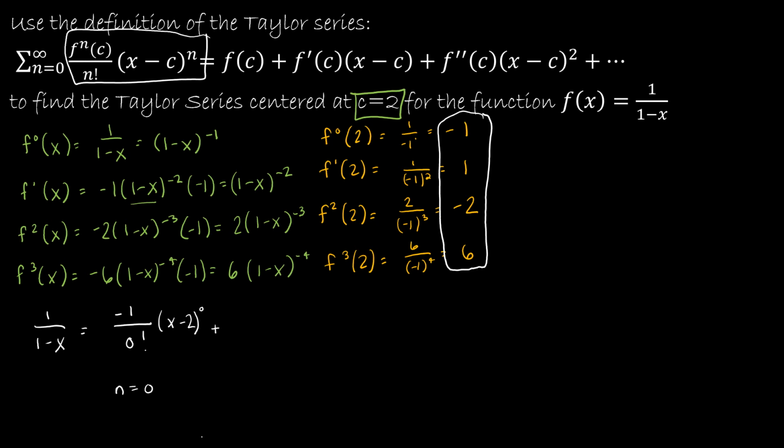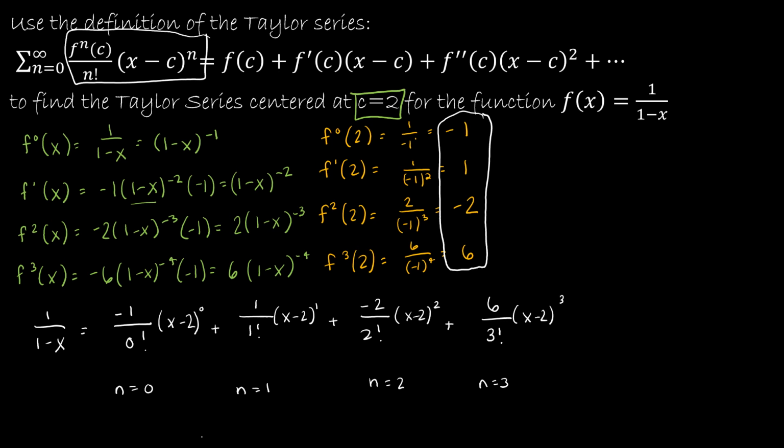And then the next one is 1 over 1 factorial, because n is 1, and then x minus 2 to the first, and then I have negative 2 over 2 factorial, and this is x minus 2 to the second, and then I have positive 6 over 3 factorial, and then x minus 2 to the third, and this pattern would continue.